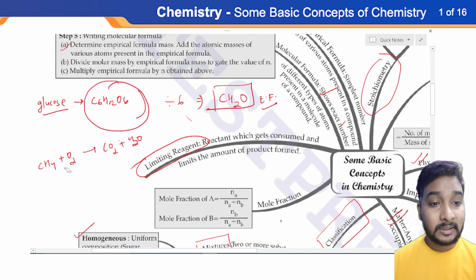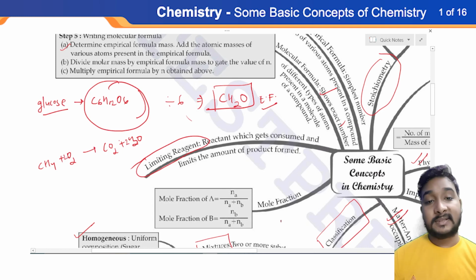This is a simple reaction, but this reaction is not balanced, so I am balancing it. So I am writing here 4 for H2O, and 2 for O2. Yeah. So this reaction is balanced now.